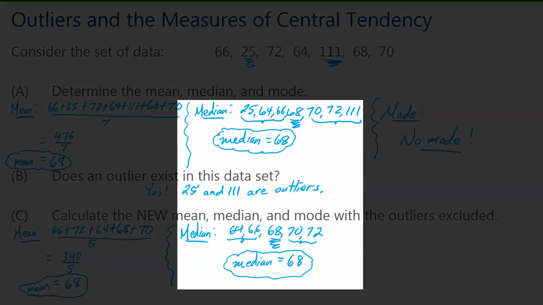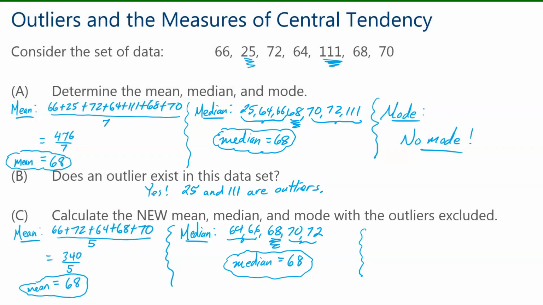With a quick glance up top, what do we notice? Median hasn't changed. Interesting. And for our mode, there were no data values in common at the beginning, and there will be no data values in common once we have excluded the outliers. No mode exists.